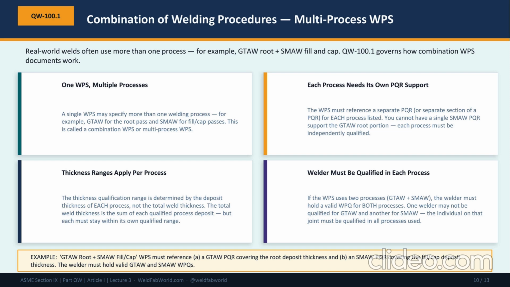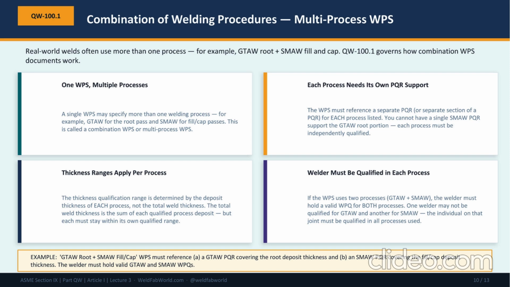Each process must be independently qualified. In practice, this means a combination WPS typically references 2 PQRs, one for each process. The WPS will state something like, GTAW variables supported by PQR GTAW 001. SMAW variables supported by PQR SMAW 005.